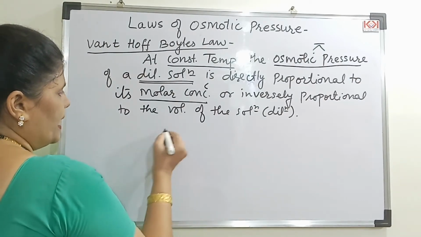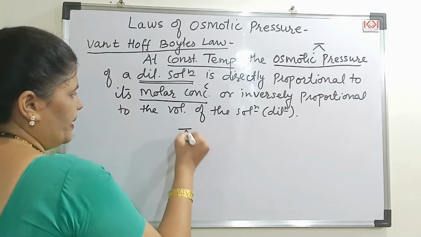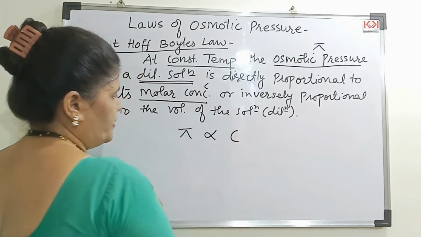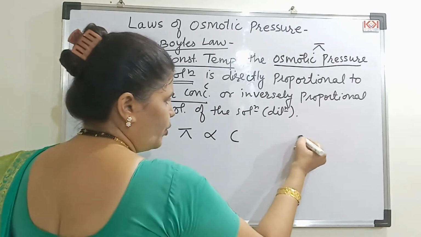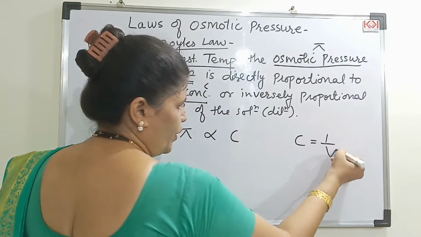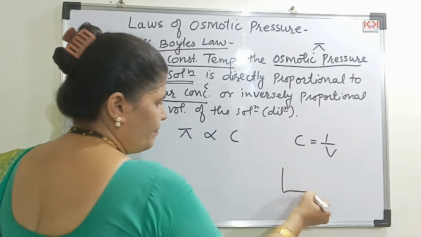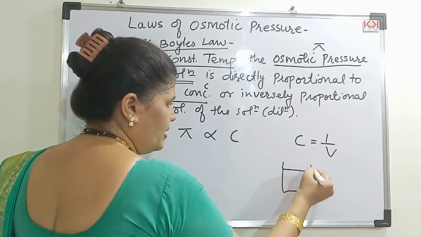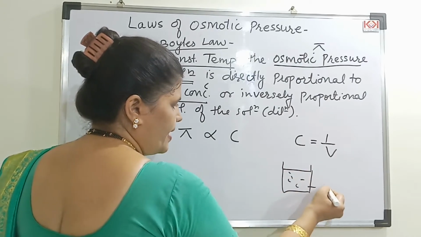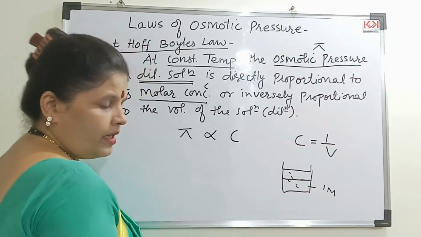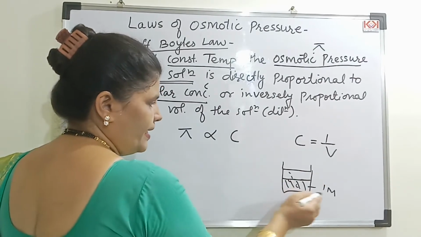So according to this, osmotic pressure is directly proportional to its molar concentration. Students, you know that molar concentration varies inversely to its volume. Say, for example, I have a cold drink bottle and this bottle is full. The concentration here is say 1 molar. Now I have consumed half of this bottle. The remaining is still 1 molar.